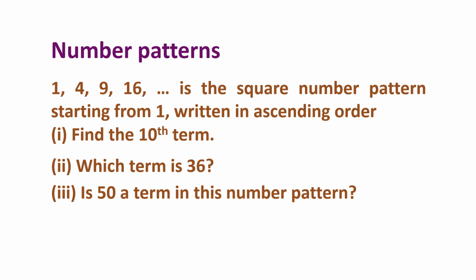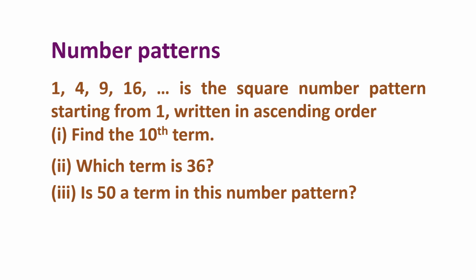Right. Now how to find the 10th term? Since it's the square number pattern, we know that when you multiply 1 by itself, we get the first number or the first term of the square number pattern.